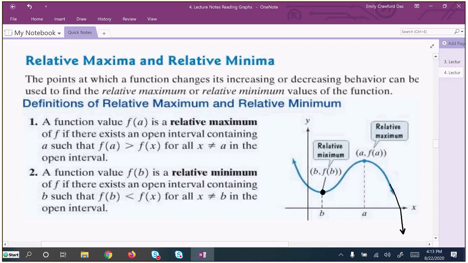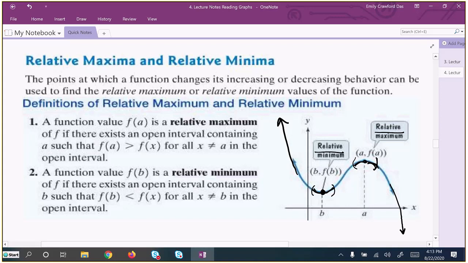So what we mean by relative minimum is that it's smaller than all of the values nearby. Or relative maximum, in this case, means it's larger than all of the values nearby. Because again, this side of the graph goes off and we do have bigger y values. So that's what the word relative means. It just means relative to its neighbors.